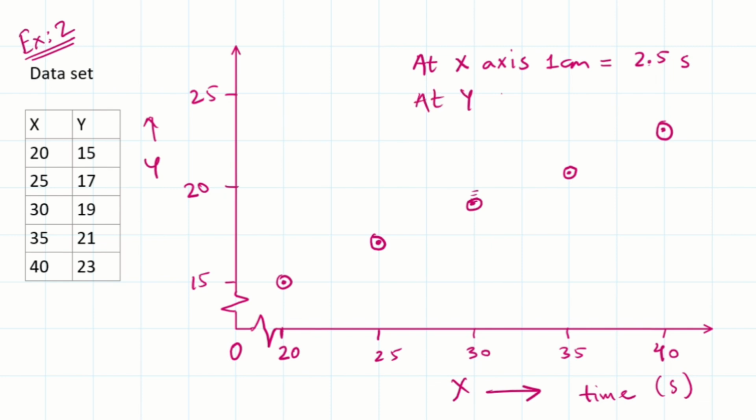So at y-axis, 1 centimeter means this division. So again here also 1 centimeter equals 2.5 units, or when we know actually what quantity we are plotting, we can use the actual units of that quantity. So speed, if we are measuring it in meters per second, it will be 2.5 meters per second.